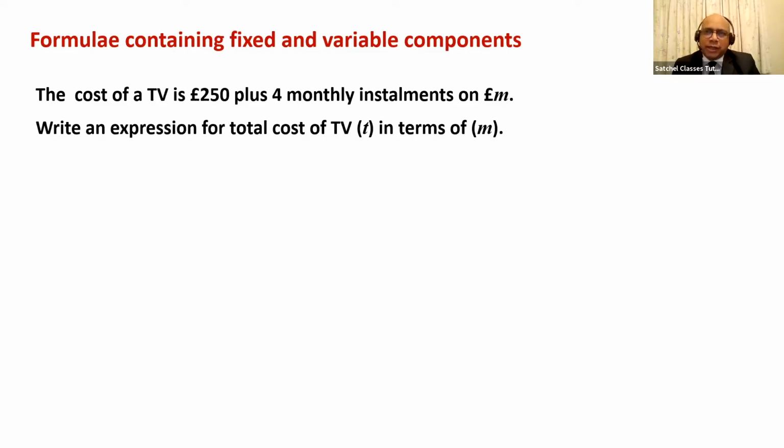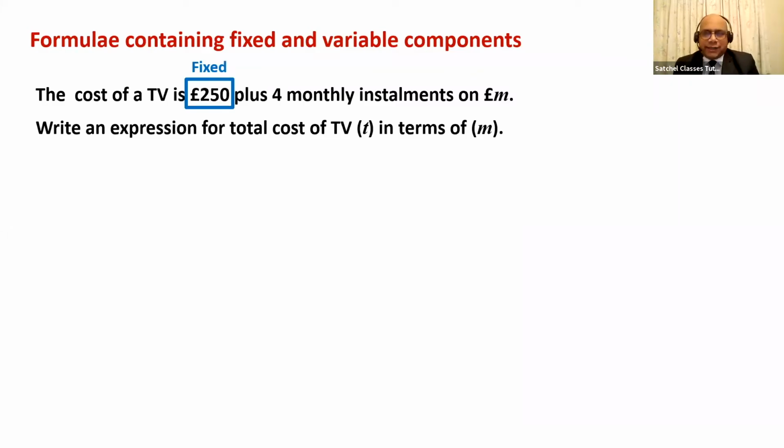So the installment amount is not fixed. It depends on the overall price of the TV. But it's fixed that you pay 4 installments. And it's also fixed that you make a down payment of £250. So you need to find the total cost of the TV, T, in terms of M.